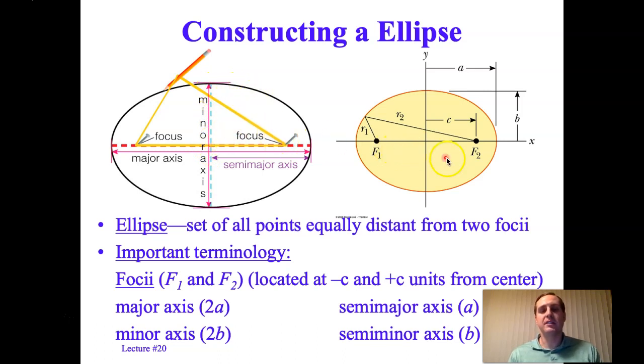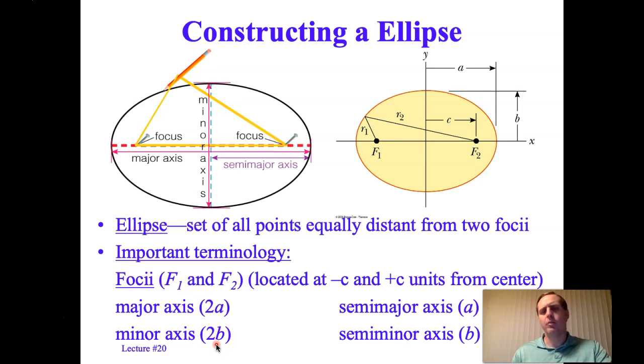Notice the semi-major axis we call a, the semi-minor axis we call b, and the distance from the center to a focus we call c. Now, notice the length of the major axis is 2a, the length of the minor axis is 2b.